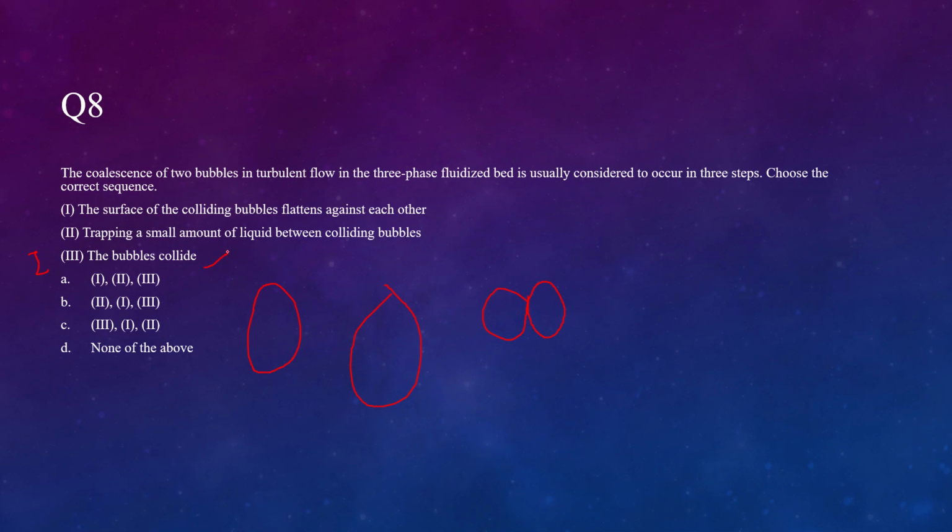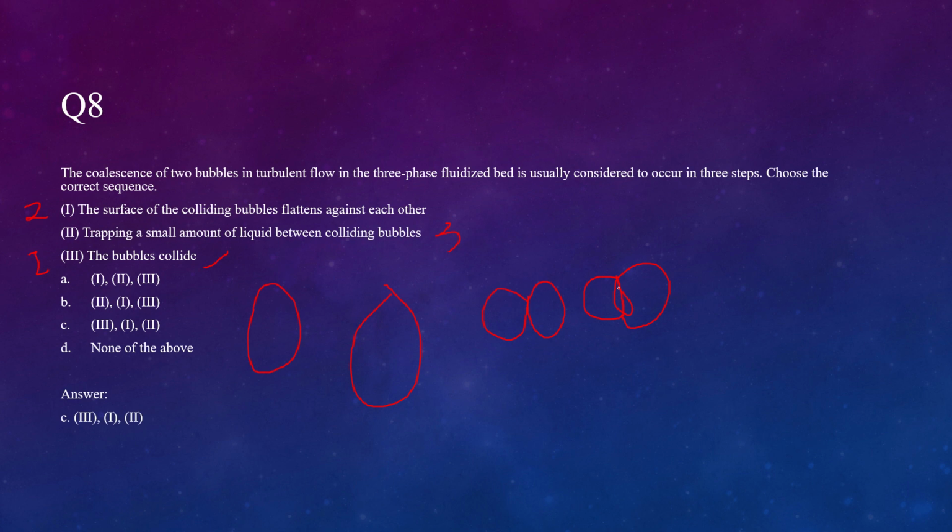The second is that the surfaces of the colliding bubbles flatten against each other, and it looks like this. And the third is that we have the flattened surface with a small amount of liquid trapped between them. So the right answer is 3, 1 and 2.